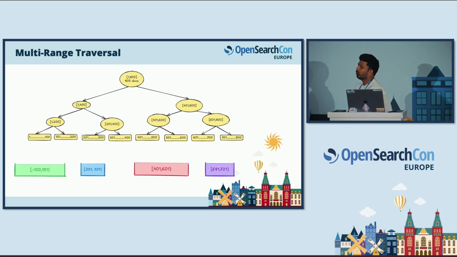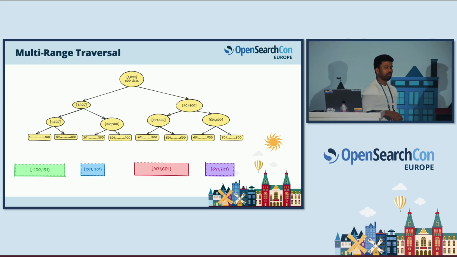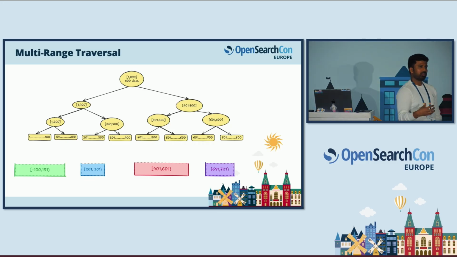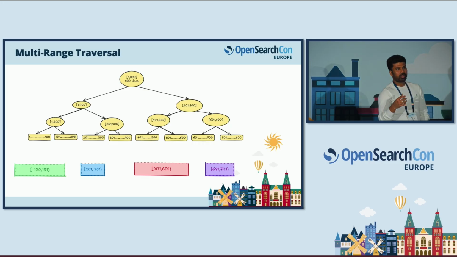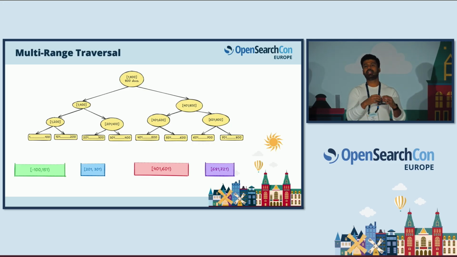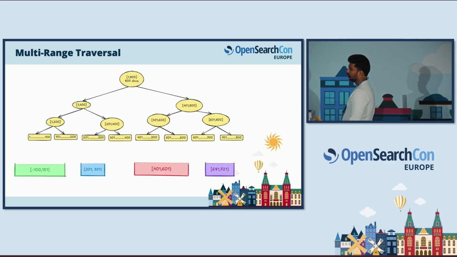Now what we wanted to do was, instead of doing an individual traversal for each bucket, do a single, slightly more expensive traversal, but a single one, and collect documents for each bucket in that single traversal.